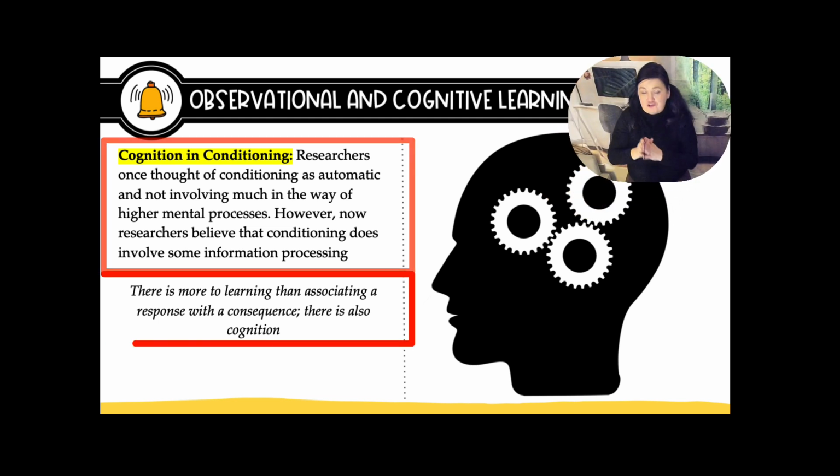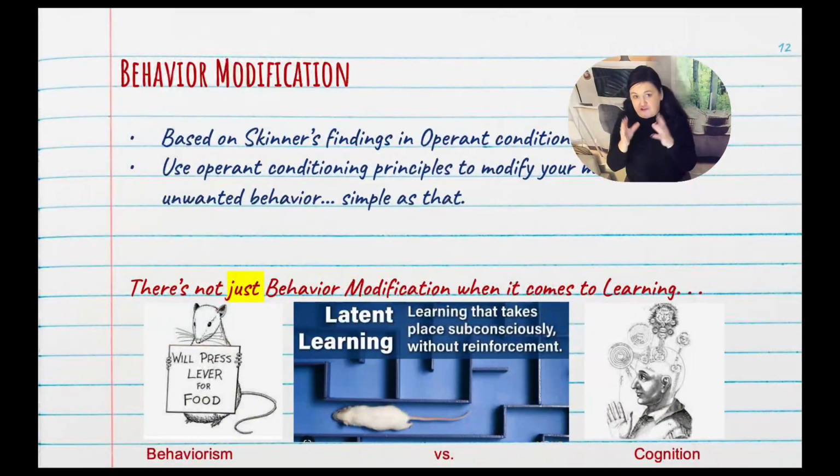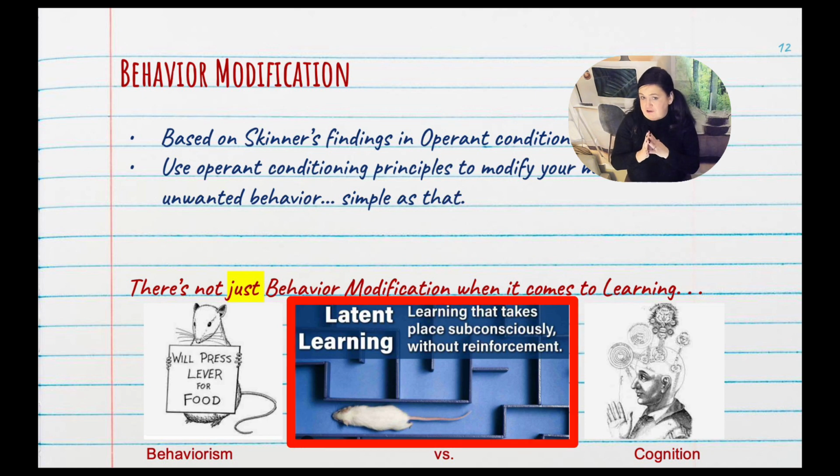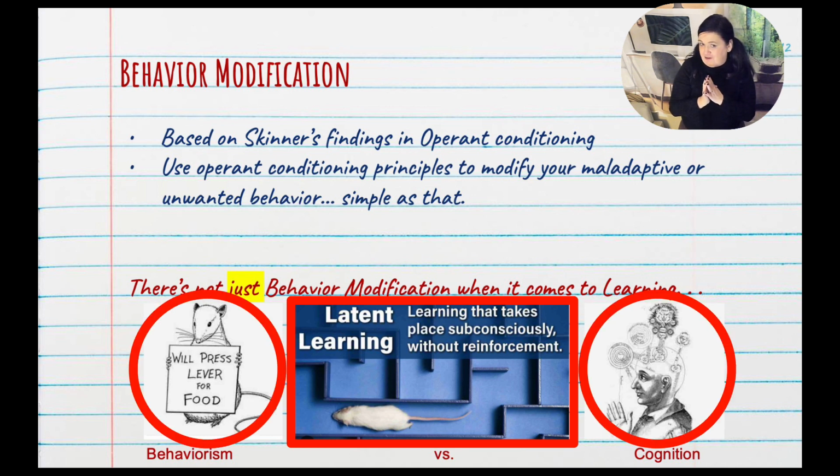There's more to learning than associating a response with a consequence. There's also cognition, latent learning. Latent learning refers to knowledge that only becomes clear when a person has an incentive to display it. Latent learning is important because in most cases, the information that we have learned is not always recognizable until the moment that we need to display it.